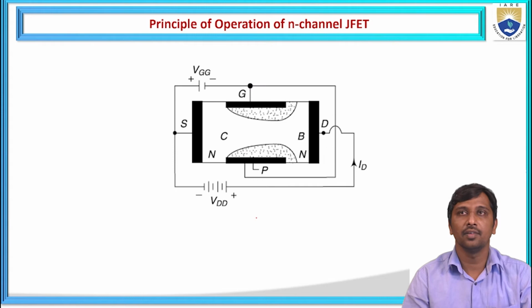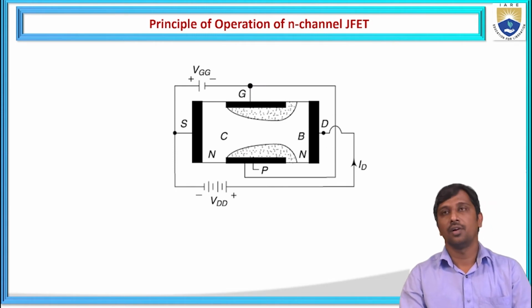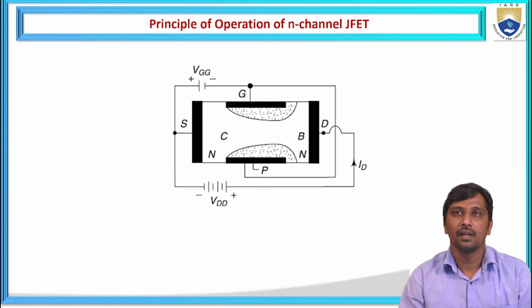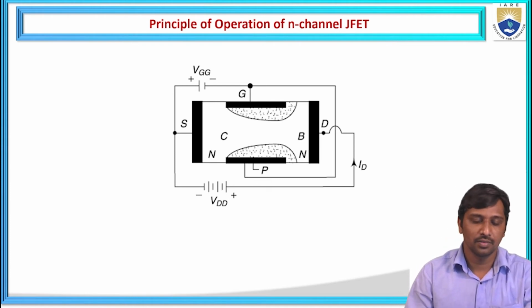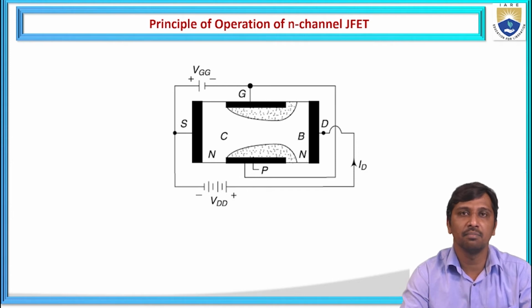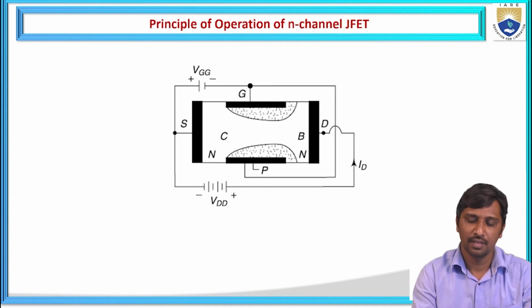Now we'll see the operation of an N-channel JFET. To identify the behavior of either an N-channel or a P-channel JFET, we need to apply some biasing between the terminals.